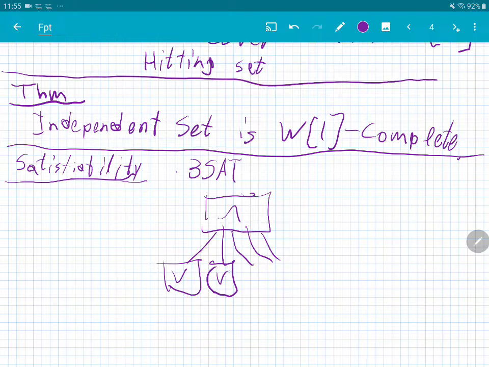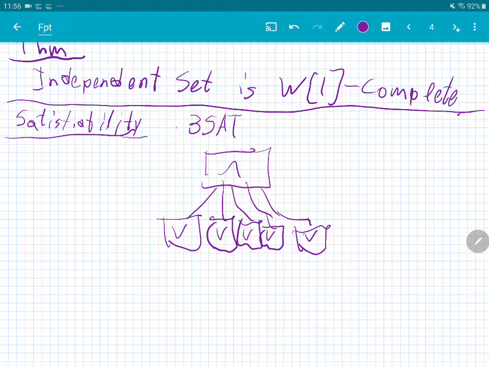Now, satisfiability is general circuits, but 3-SAT is this very special form. So the natural thing is to ask how to get to a higher level, right?